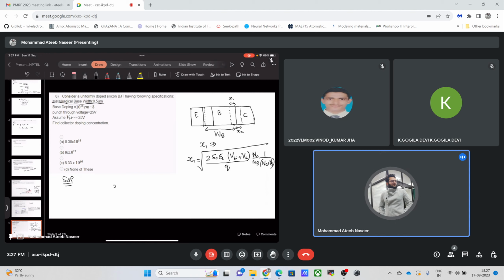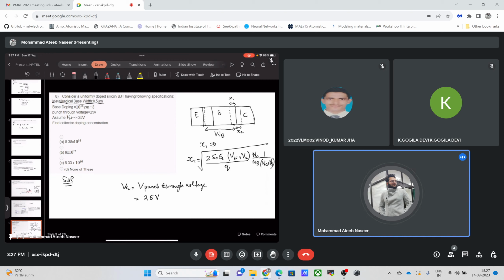For this particular case, the applied voltage VR is equal to the punch through voltage, which is 25 volts.